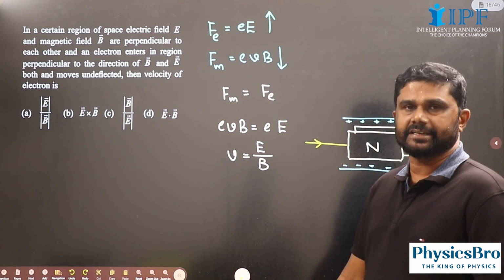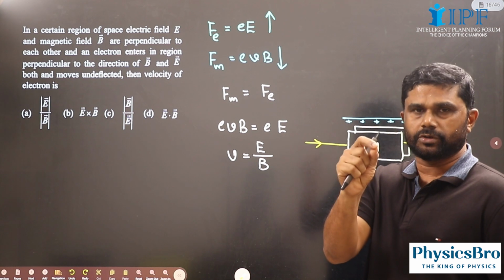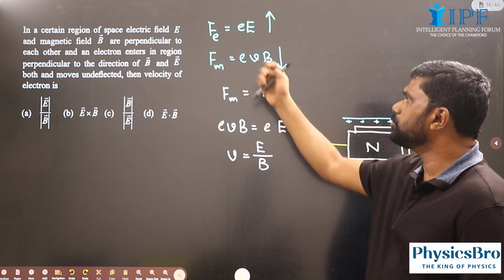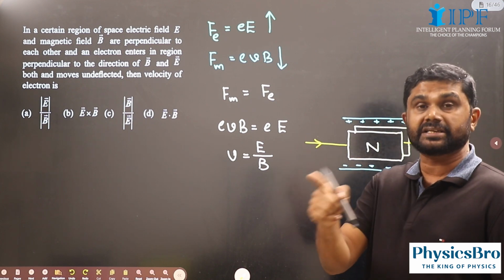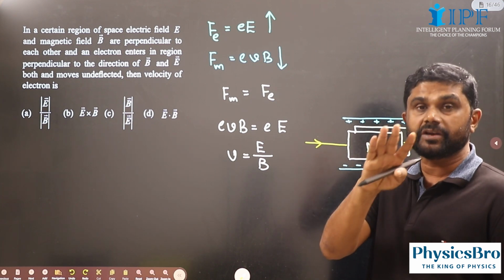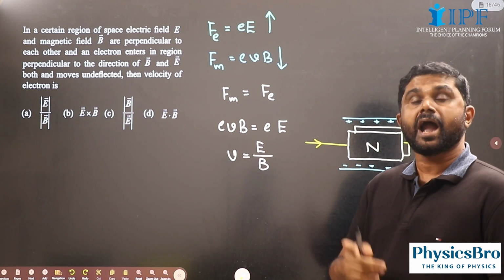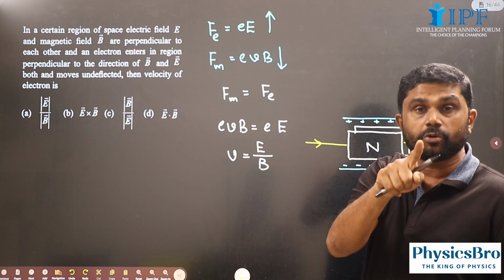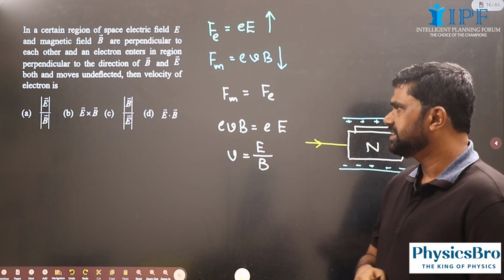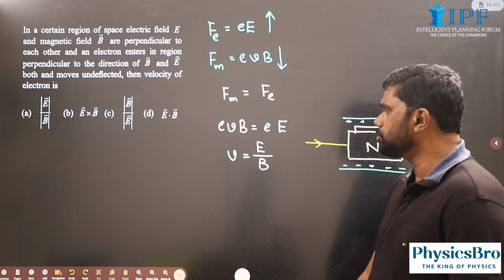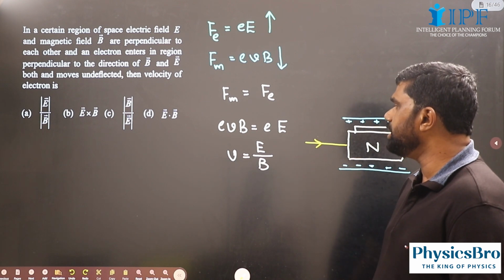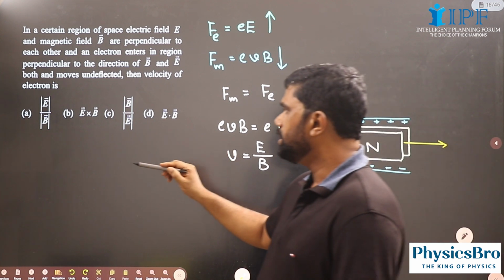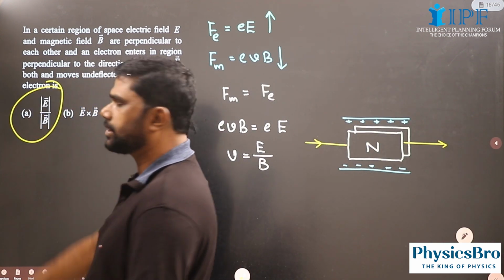F with the suffix E, that is the force on an electron due to electric field, is e into capital E. And magnetic force is e into v into B. Velocity and magnetic field are perpendicular, so v cross B will be simply v into B. As the particle travels undeflected, these two forces must be equal in magnitude and opposite in direction. So we can equate the magnitudes: e v B equals e into capital E. So v will be E by B. So this must be the correct option.